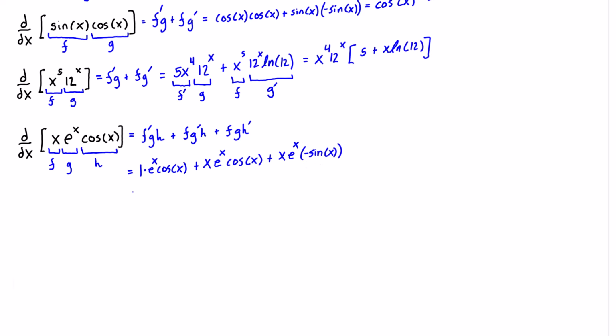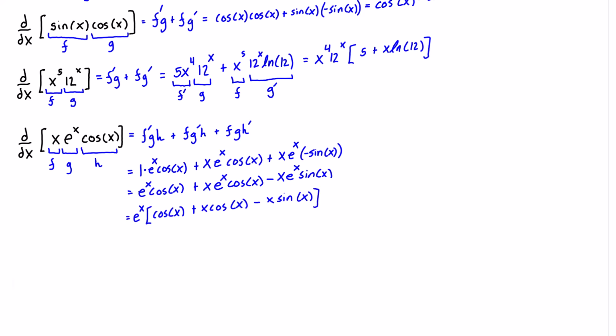All right, so let's just clean this up a little bit. So this is going to be equal to e to the x cos of x. The second term here is going to be x times e to the x cos of x. And the third term, that negative sign is going to come out, so it's going to be minus x e to the x sine of x. We can simplify this a little bit more by pulling out the e to the x.